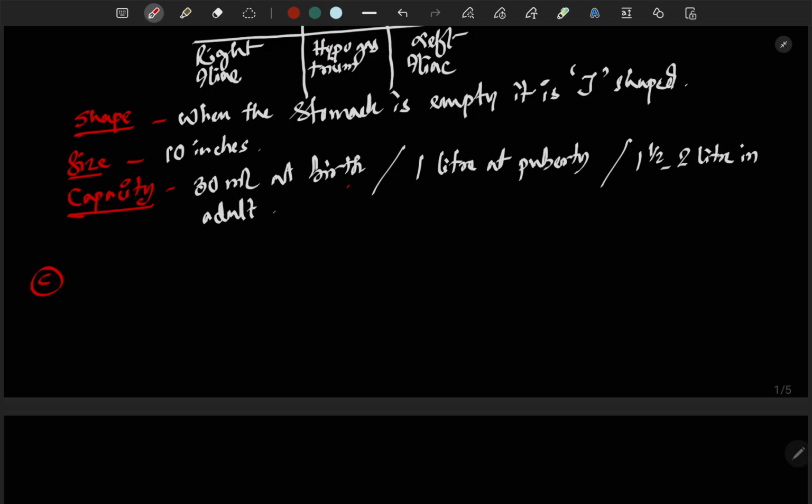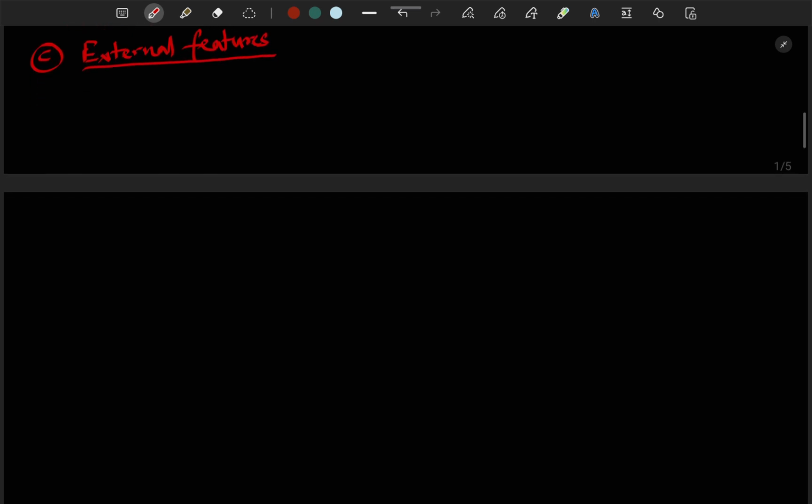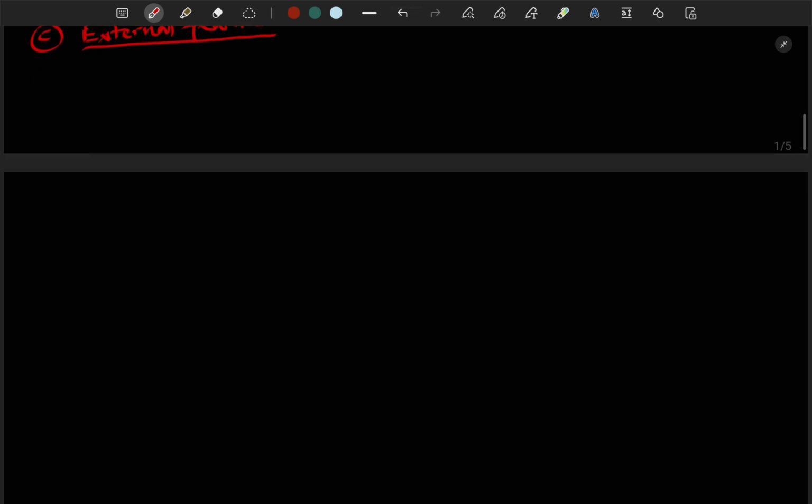So the external features of the stomach. Before studying the external features, we will draw the stomach.